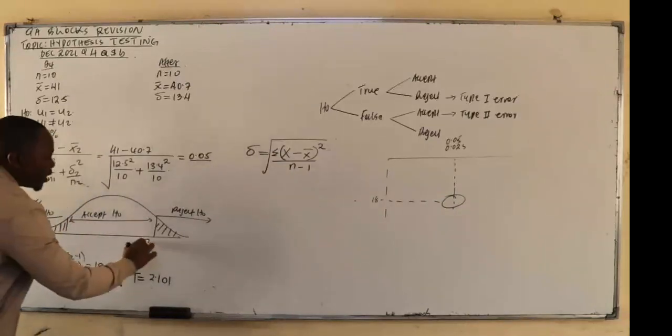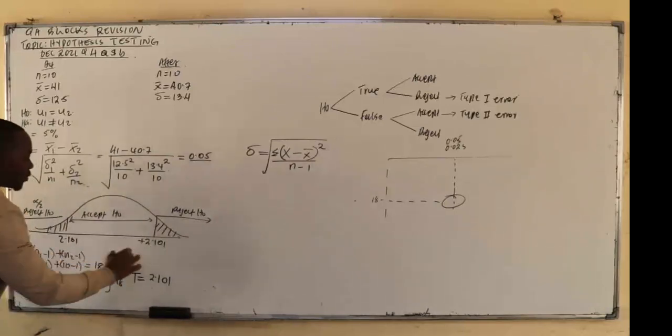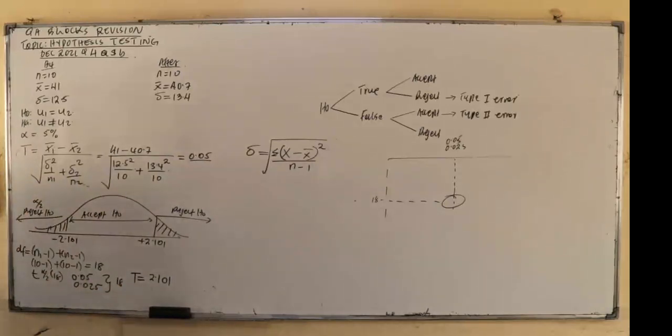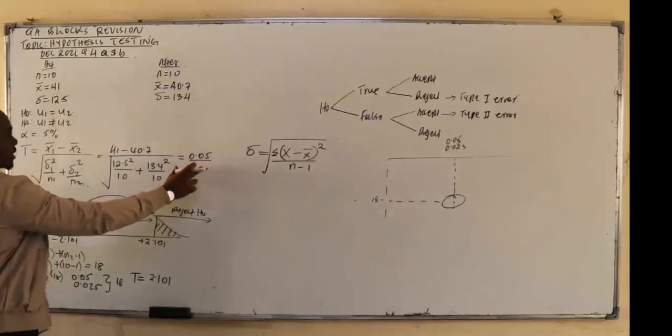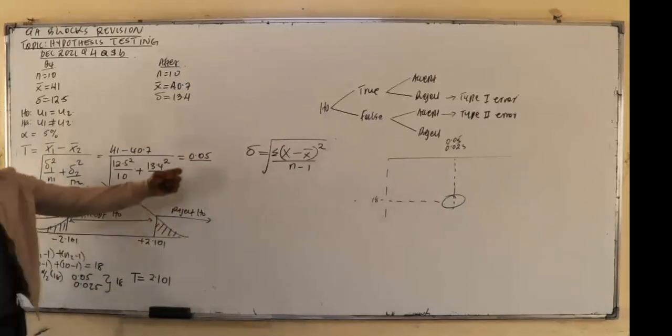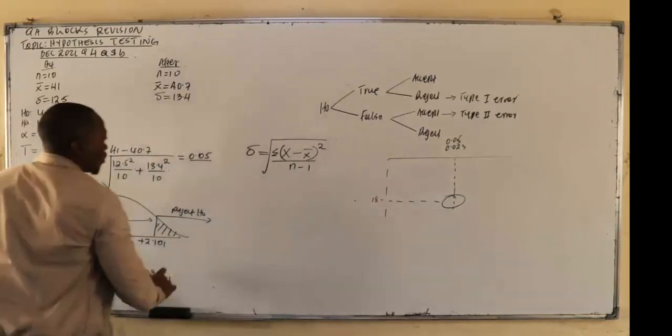So this one would be 2.101, this is positive, this is negative. So now you compare your T calculated against T critical. Now 0.05, does it fall between the acceptance region or rejection region? Acceptance.